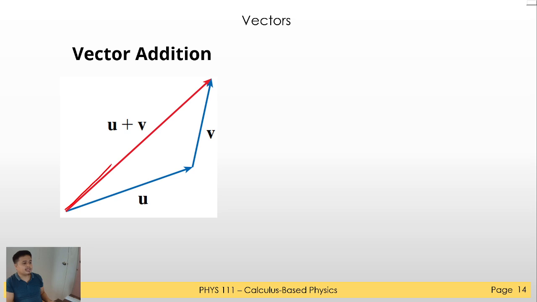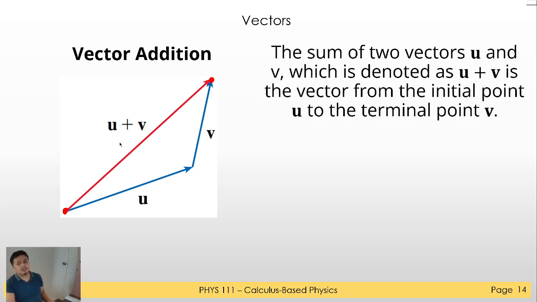It will form this line at which the terminal point will be the end point here, and the initial point will be the initial point. So the length of this vector will be the sum of these two vectors, and this is called the triangle law.